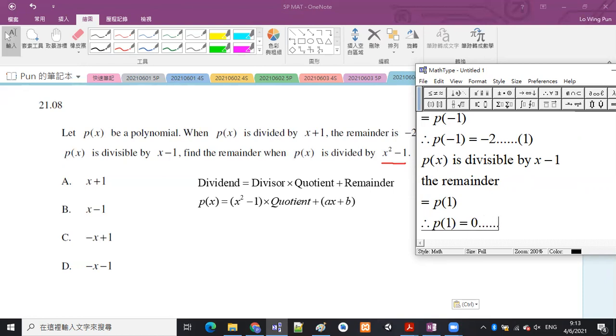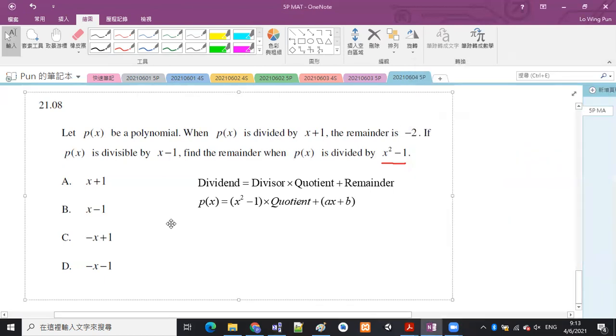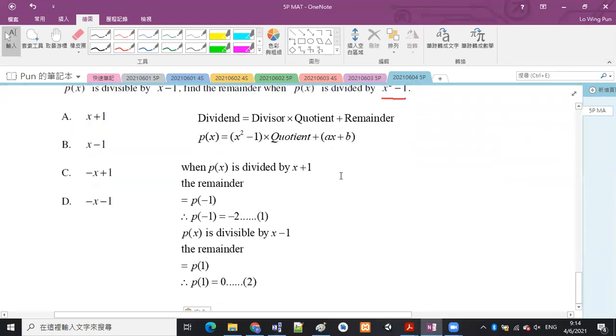Okay? And we label this to be equation 2.